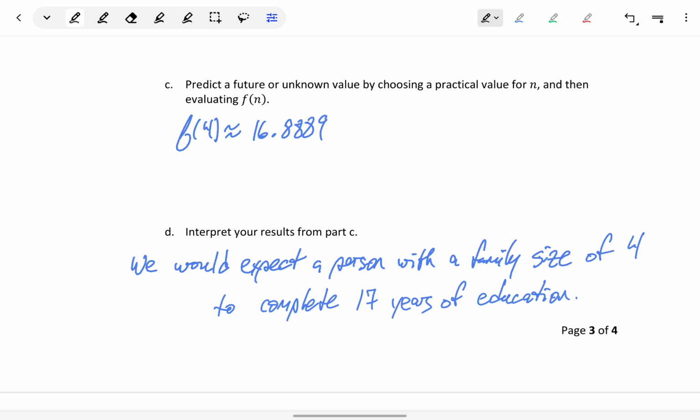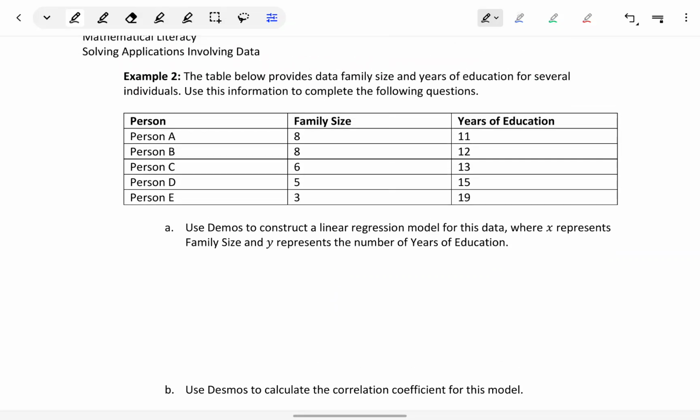This is, again, in this case, interpolation. Because 4 is not included in our data set, but it is between the largest and smallest values that we have for family size.